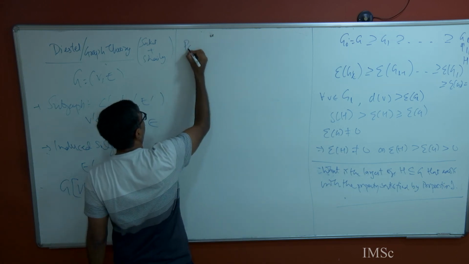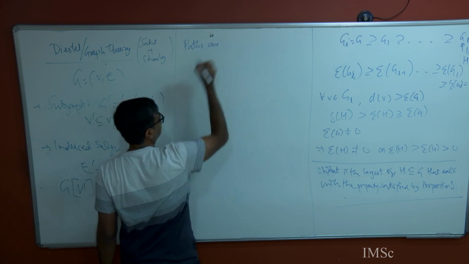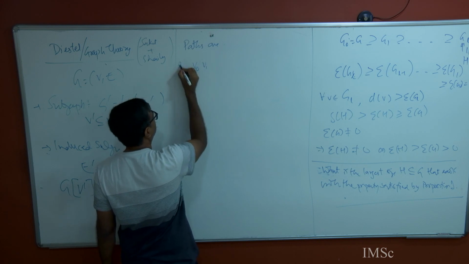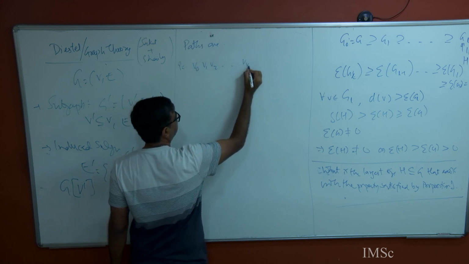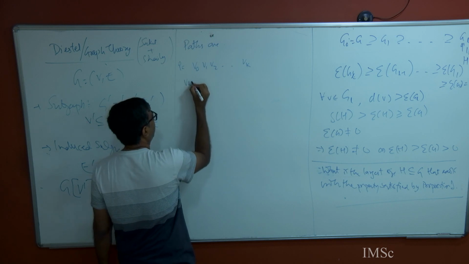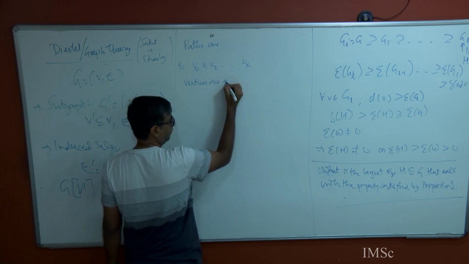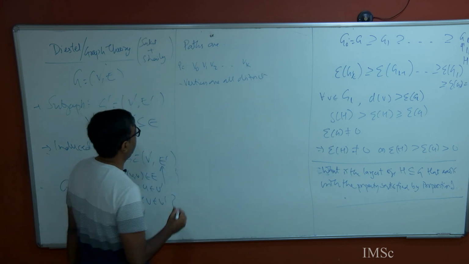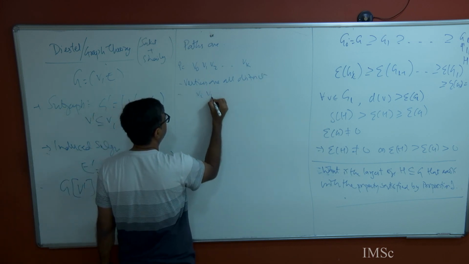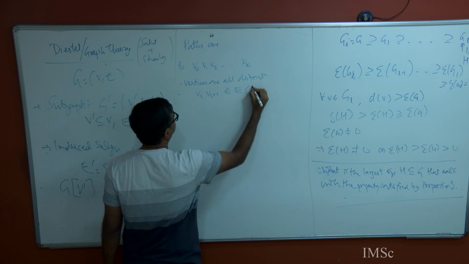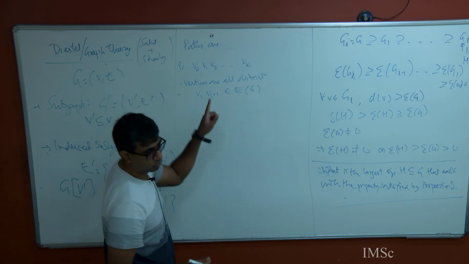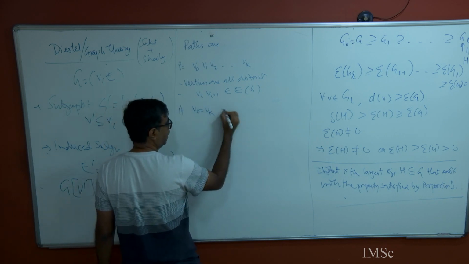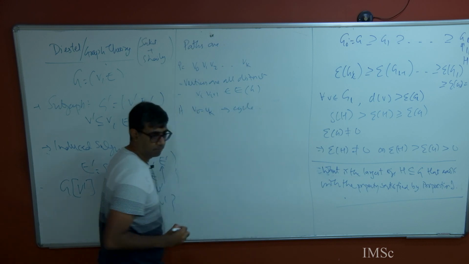I hope all of you know what paths are. It's basically a sequence of vertices v0 through vk, where the vertices are all distinct. That's the first thing. And for any vi and vi plus 1, there's an edge in my graph. These are called paths. If v0 equals vk, this is called a cycle.